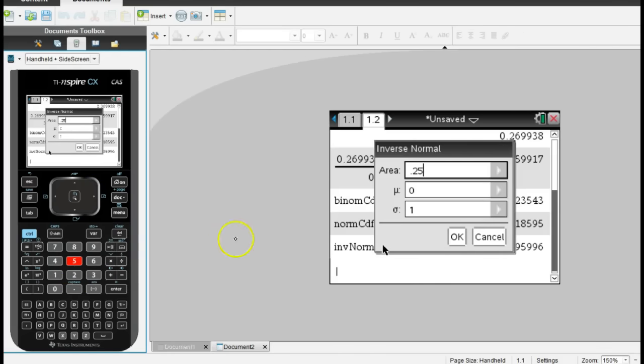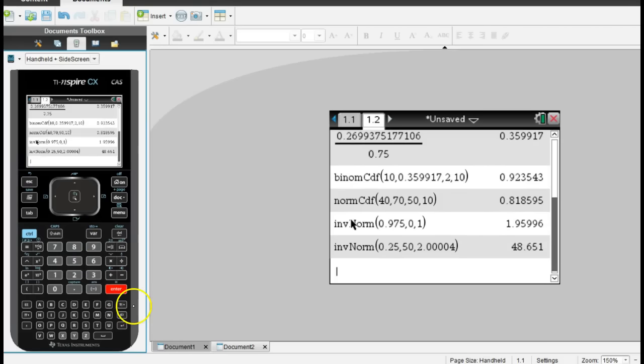So 0.25. Our mean is 50, and our standard deviation is 2.00004, and we tab down to OK and hit enter, and we get 48.651.